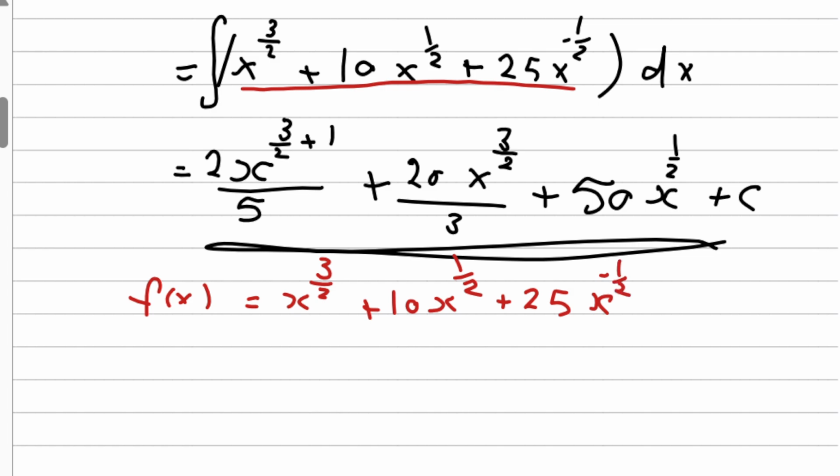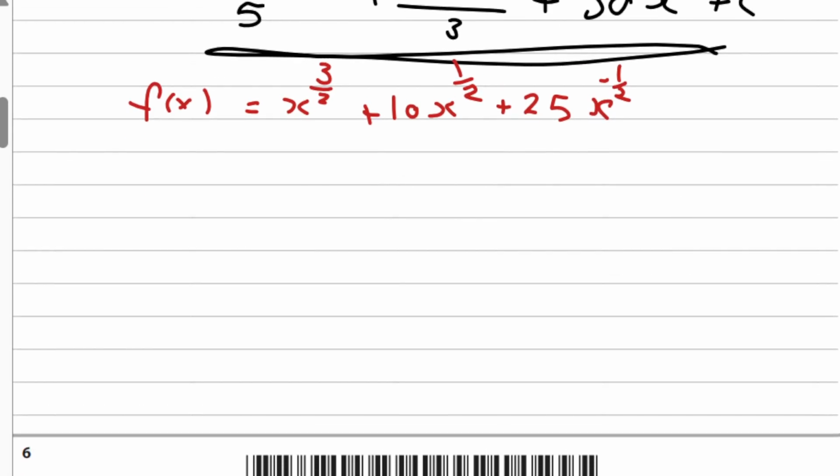Now we just need to find the derivative of this, or differentiate this. So that's going to give you the first derivative of x. For the differentiation, you first multiply. There is a 1 here, so 1 times 3 over 2 is just 3 over 2, x to the power of 3 over 2 minus 1, which is just a half.